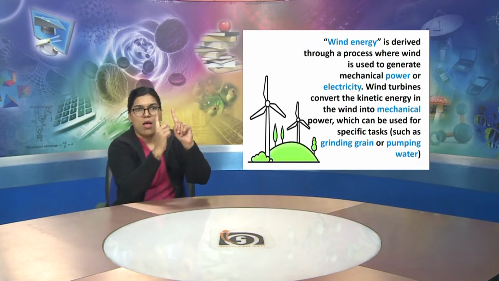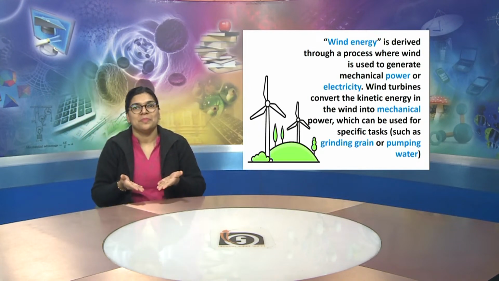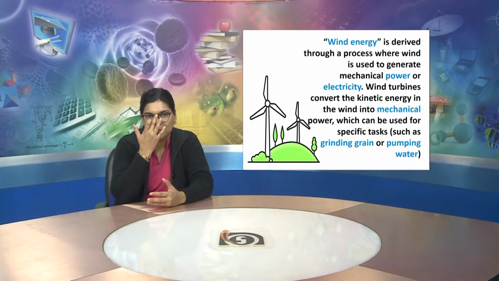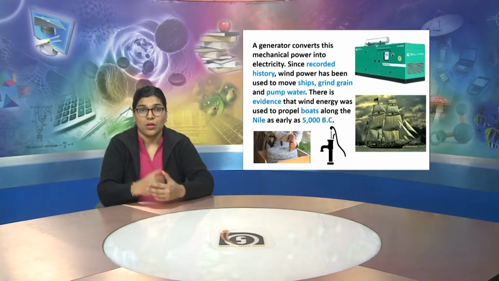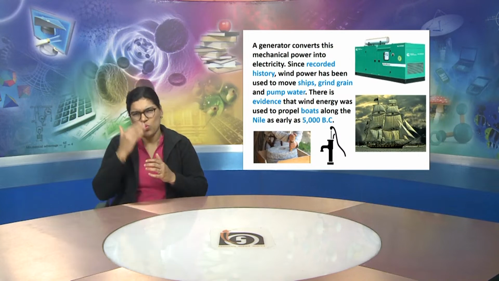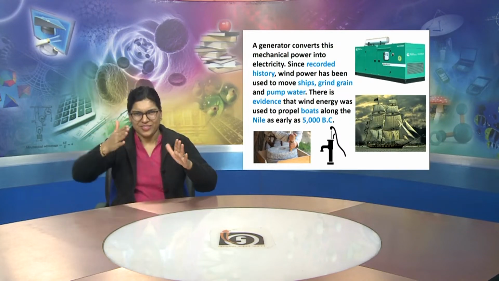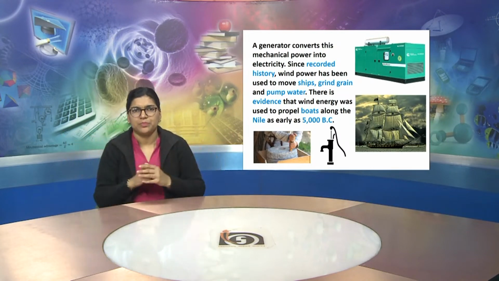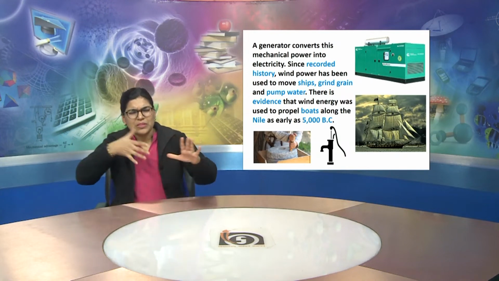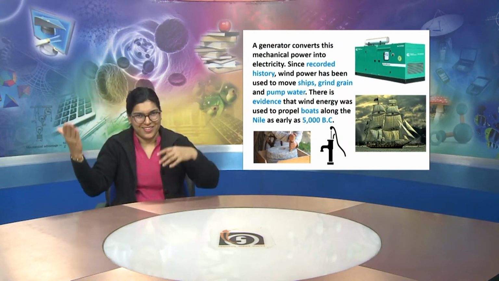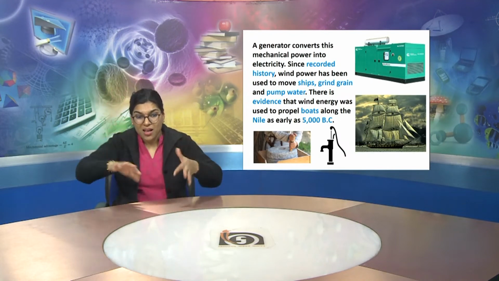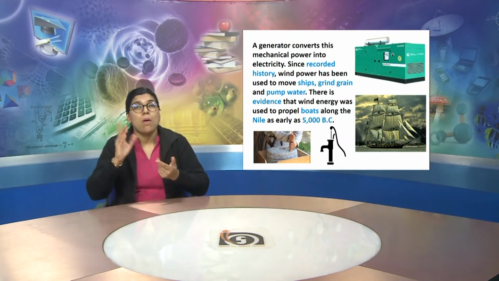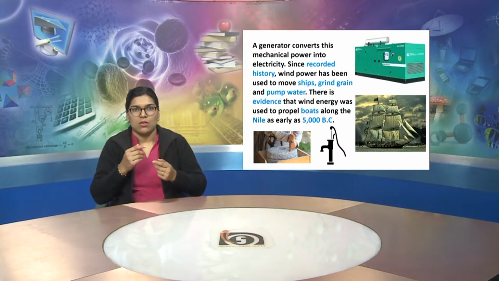So wind energy can be used for grinding the grains also. And here we will talk about the generator. You may have seen the generator somewhere or the other. A generator converts this mechanical power into electricity.